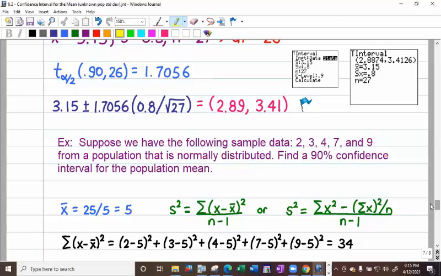It's when they just give you the actual data instead of giving you the sample mean and the sample standard deviation, which implies they want us to figure out the sample mean and the standard deviation. It's our job to calculate that.